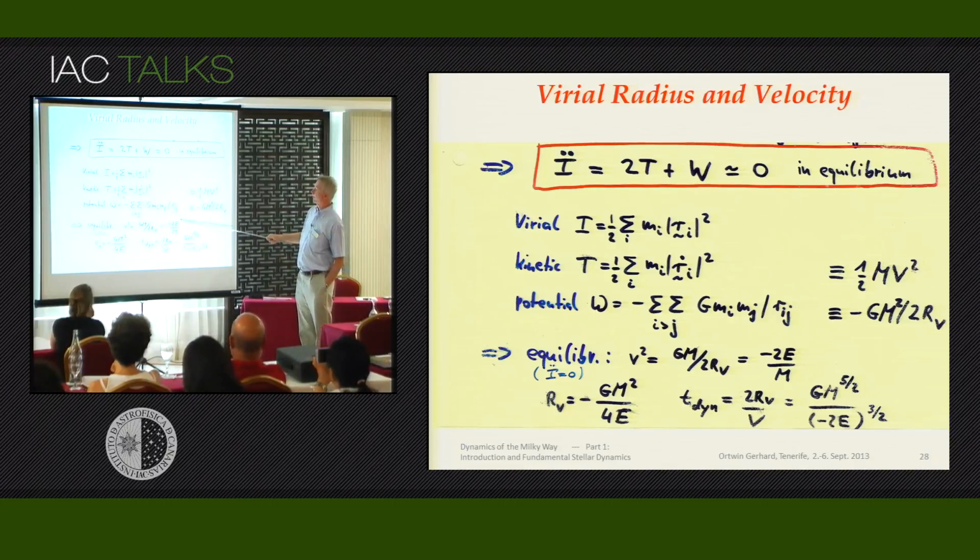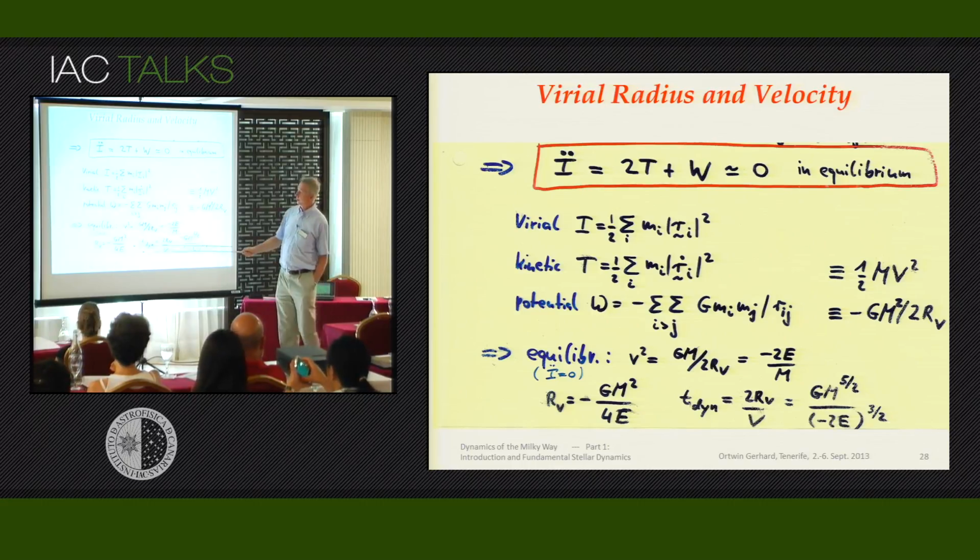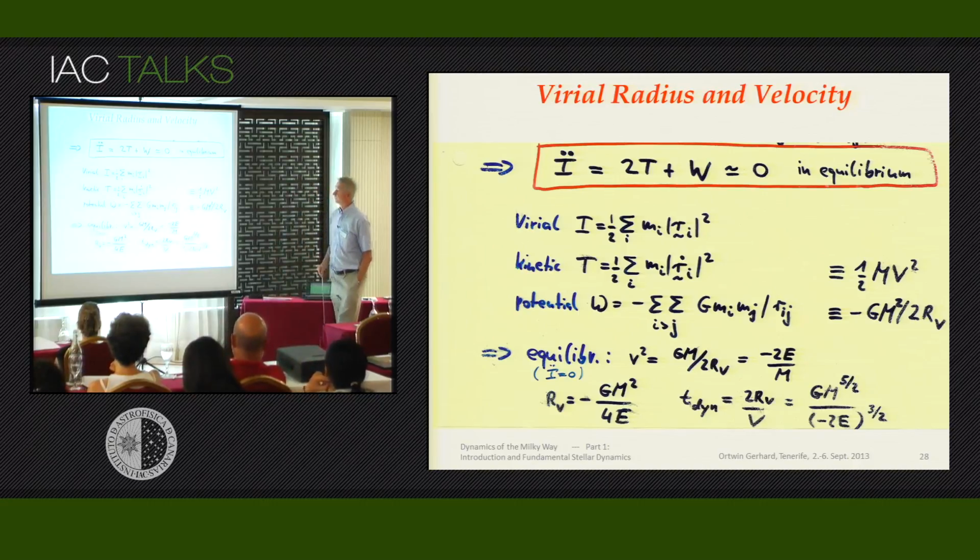And another way of writing this, if you remember that energy is going to be kinetic plus potential energy, is that this mean v squared is going to be minus twice the energy of the total system divided by the mass. And so then also the virial radius can be expressed in terms of energy as GM squared over E. And then finally, there's a characteristic dynamical time, which you would write as the virial radius divided by the virial velocity, up to a factor of 2.